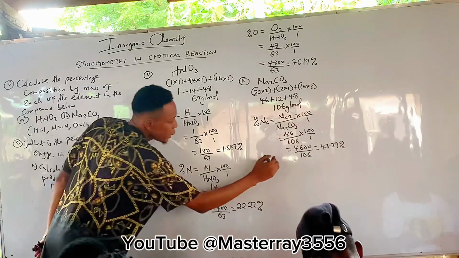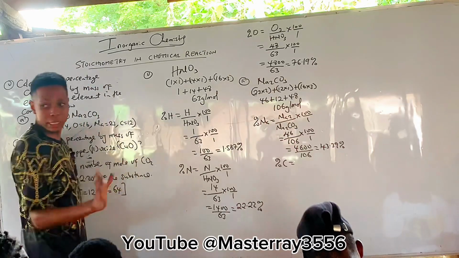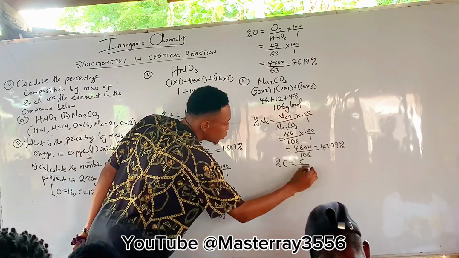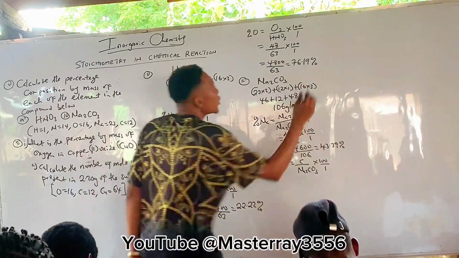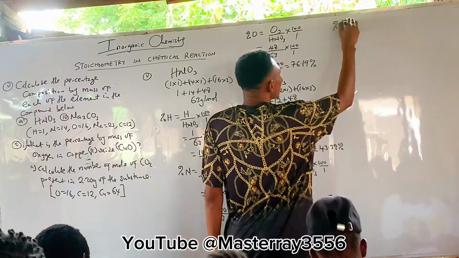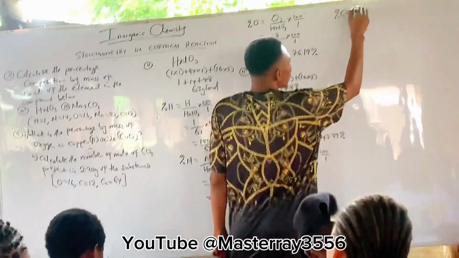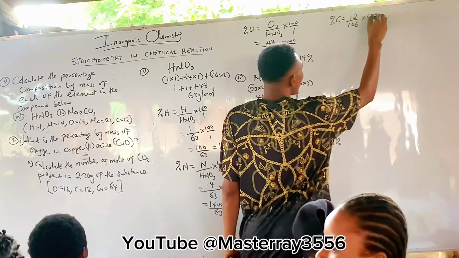We also look for percentage of carbon. So carbon here is just C, right? That's C over Na2CO3 times 100 over 1. So percentage of carbon, what's carbon there? It's just 12. So we add 12 over 106 times 100 over 1.